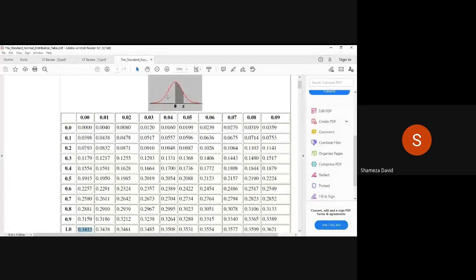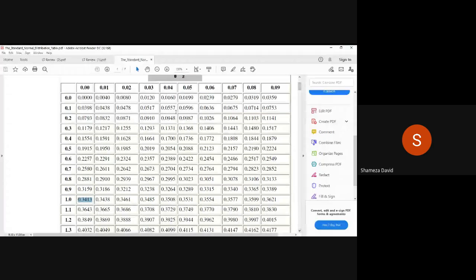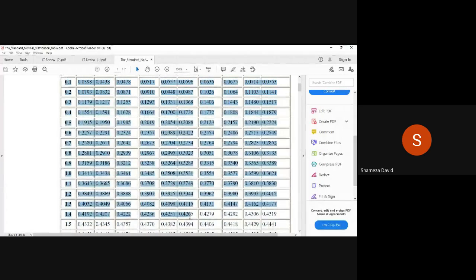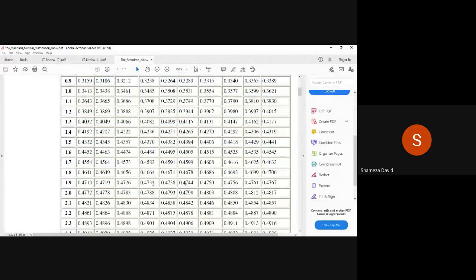And so 1.95, for instance, we look coming down this row. I believe this is 0.5, so it's 0.00, 0.01, 0.02, 0.03, 0.04, 0.05. And so for 1.95, the probability that z lies between 0 and 1.95 is 0.4744.